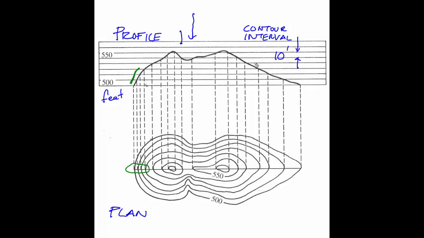Whereas on the other side of this hill, the contours are farther apart, indicating that the slope is not as steep. Please notice that contours can close on themselves just like these did at these hills.